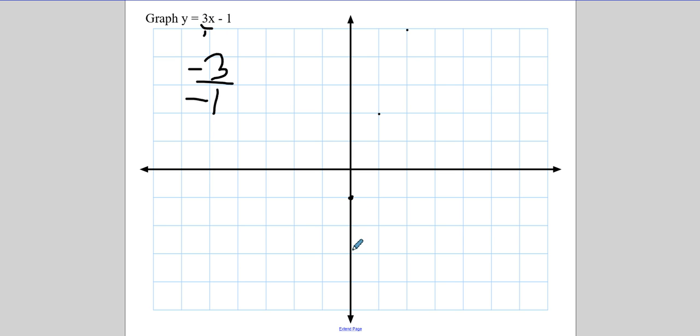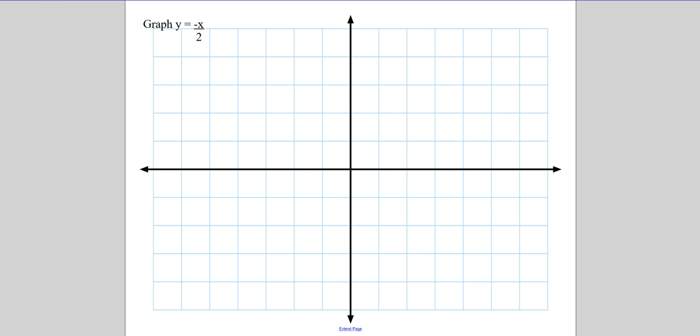So we could go down 1, 2, 3 and to the left one, and then we can connect this and make our line. Right? So you could sketch that line on your graph also. So we know our y-intercept, we know our slope based on that equation. And we get this line here.